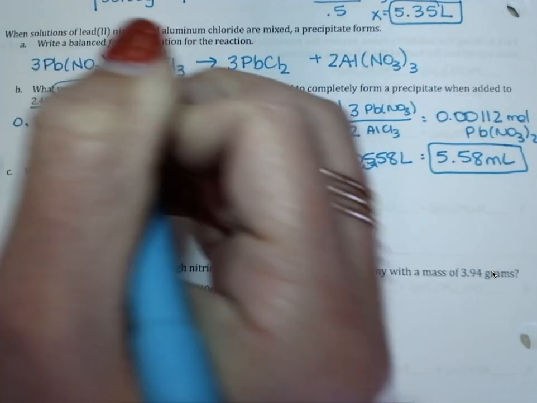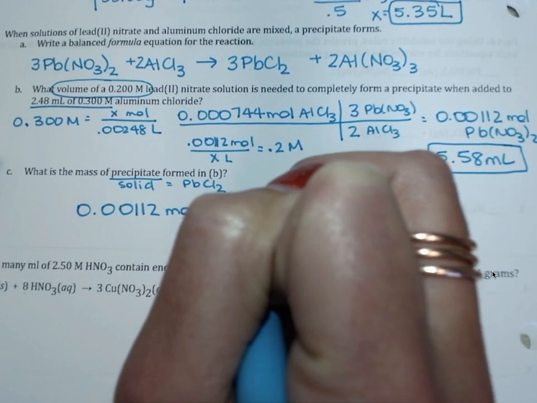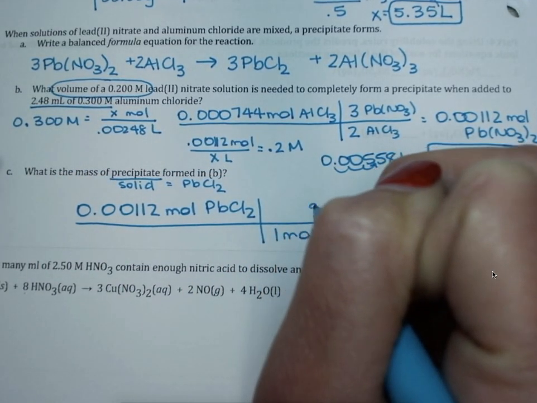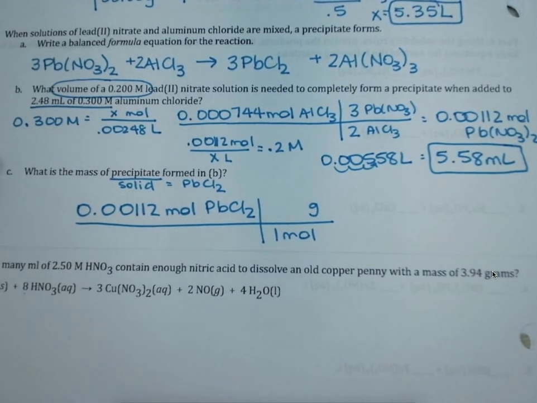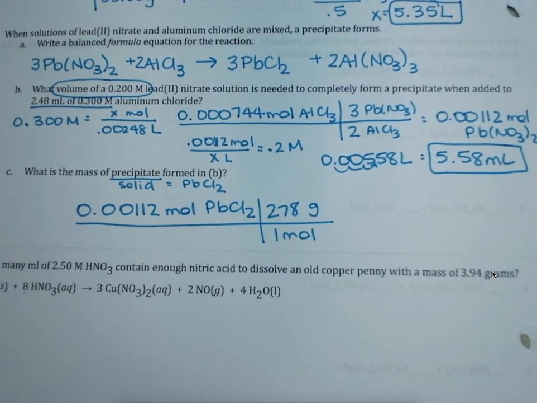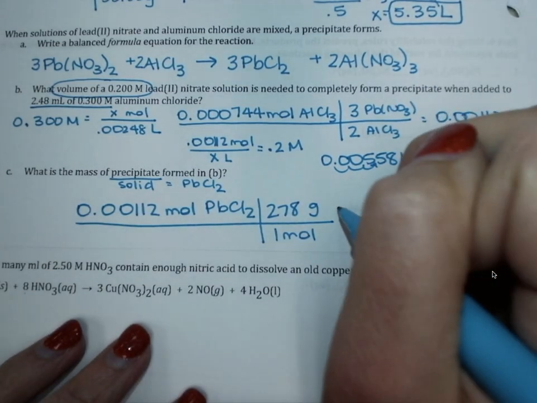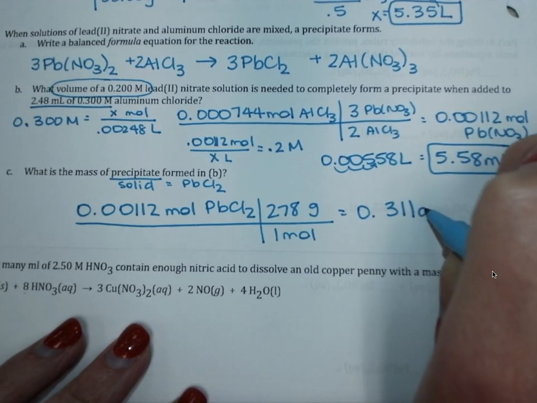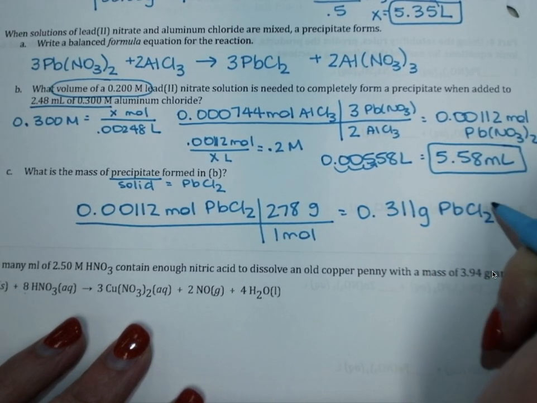This is the moles of the PbCl2, and all I have to do is multiply by its molar mass. Lead weighs 207, and then 2 chlorines is 71, so 278 will be my molar mass. And so that would make 0.311 grams of lead 2 chloride.